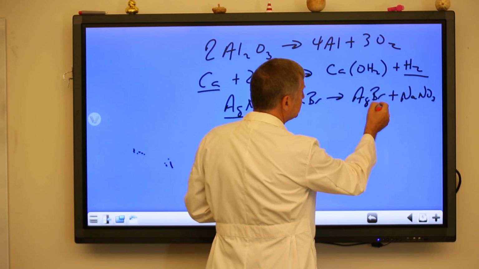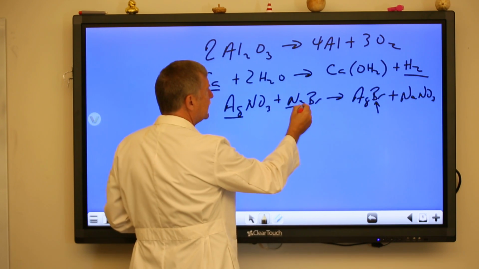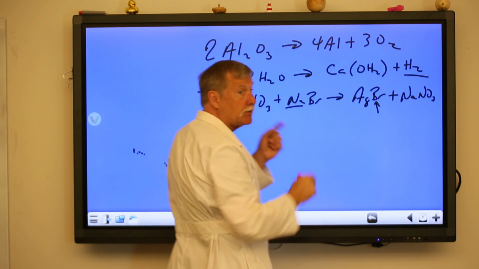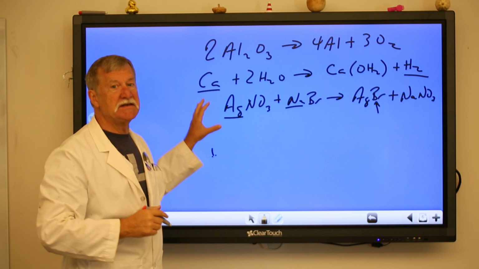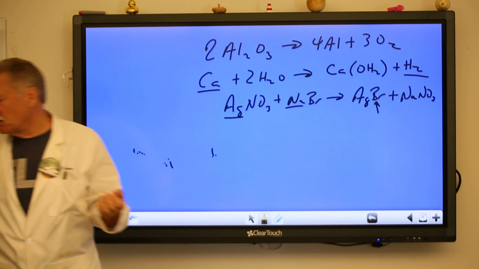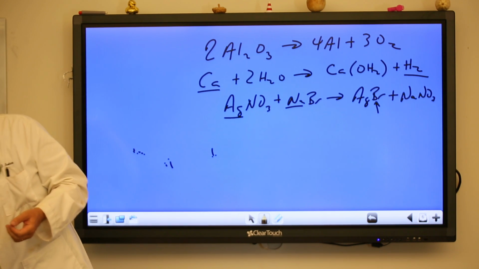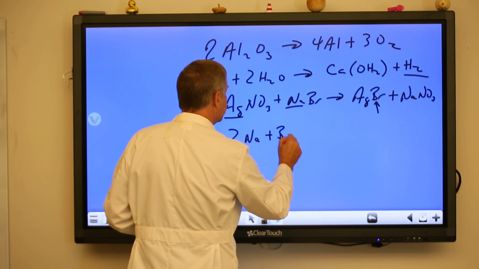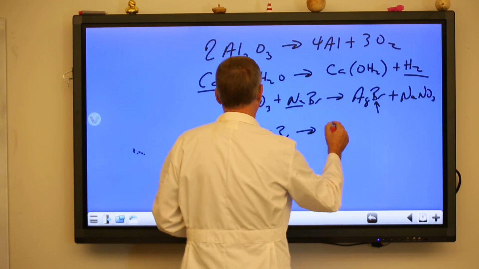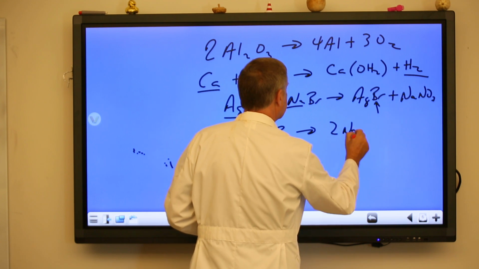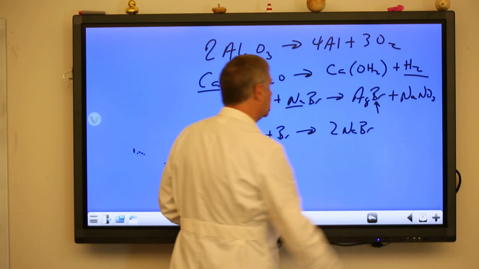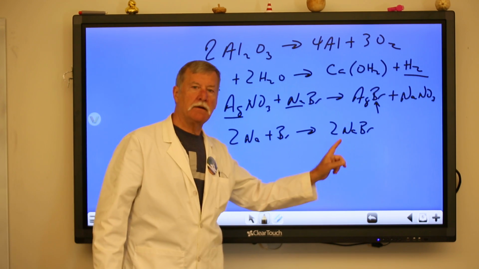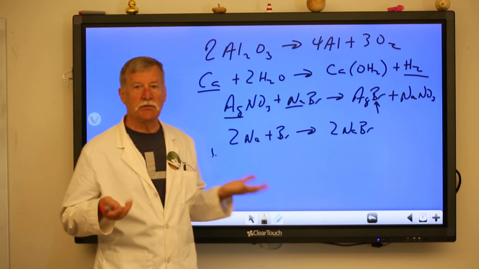The Ag is now with the Br. The Na, which used to be with the Br, is now switched with the NO3. So this is a double replacement reaction. And then finally you could say something like 2Na plus Br2 yields 2NaBr. Two things go in, one thing comes out. That is a synthesis reaction.